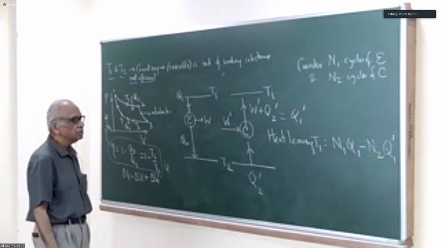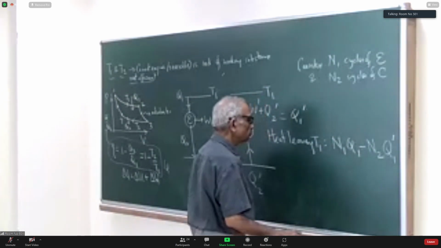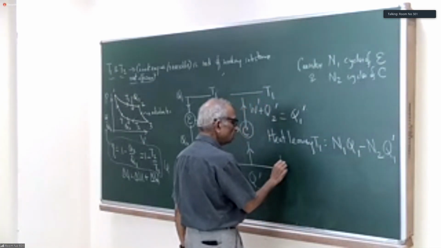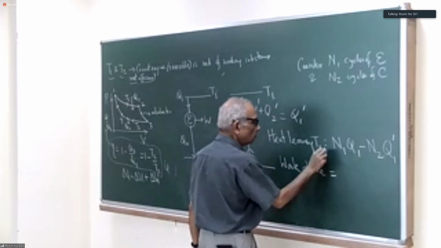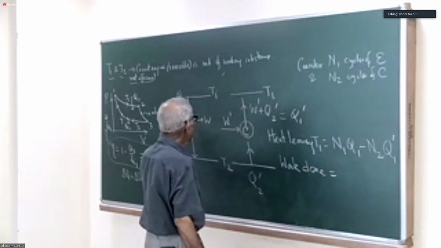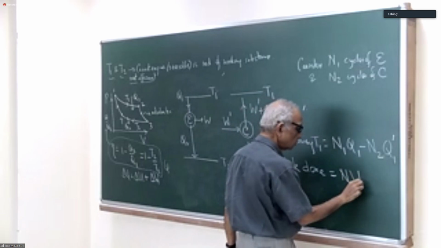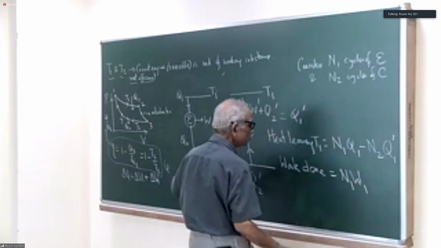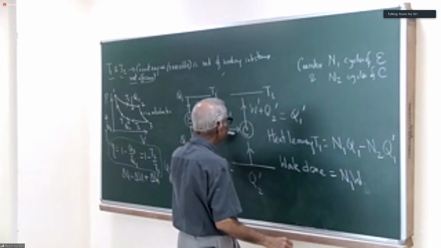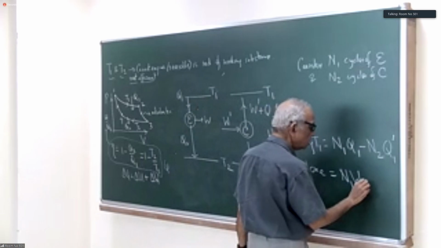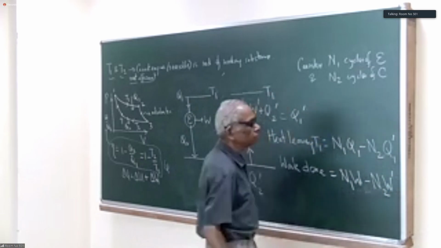Work done equals N1 W, which is the work being done, minus N2 W prime, the work being taken in.